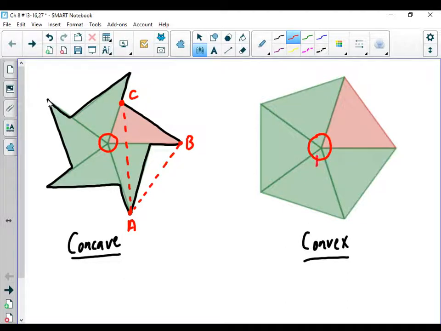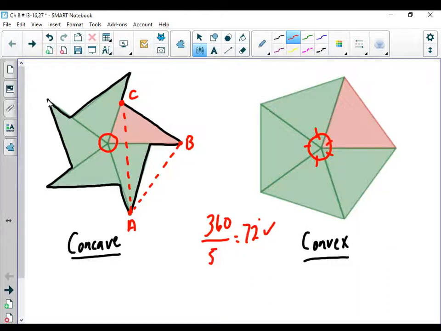In this case, you had 1, 2, 3, 4, 5. You had to be able to divide 360 by however many triangles you were working with in order for it to work. In this case, that ended up being 72 degrees for each one. So you had to be able to check that off.